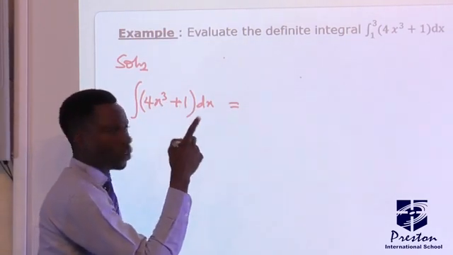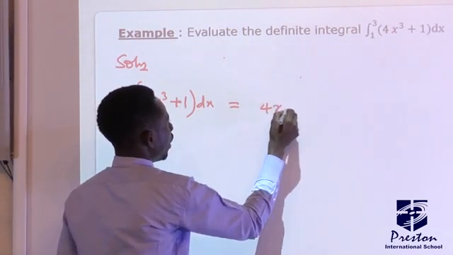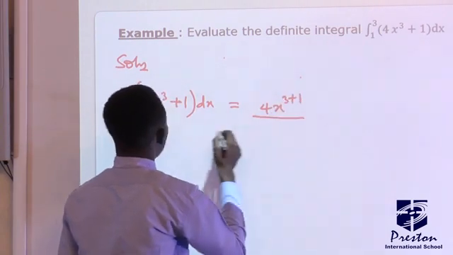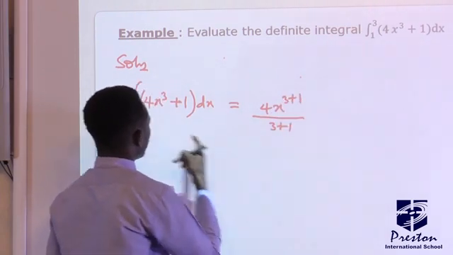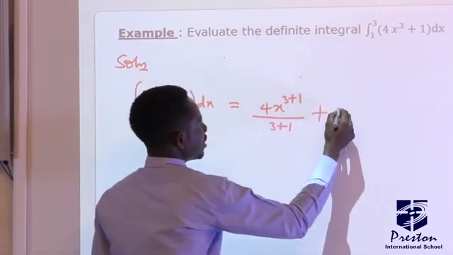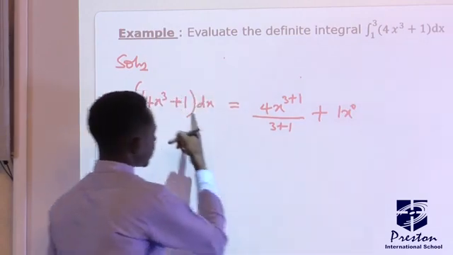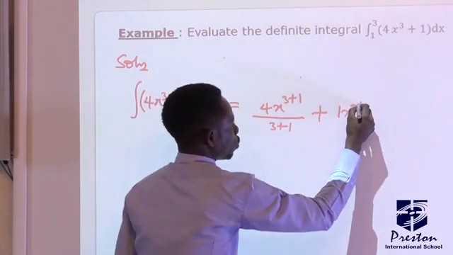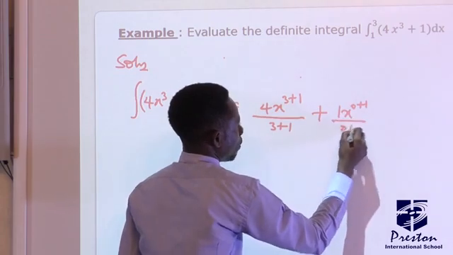Applying our method of integration, we have 4x to the power 3 plus 1 over 3 plus 1 as usual. Then plus, when integrating 1, this is the same as 1 times x raised to the power 0, because x does not appear, meaning the power of x there is 0. Then we have plus 1 over 0 plus 1.